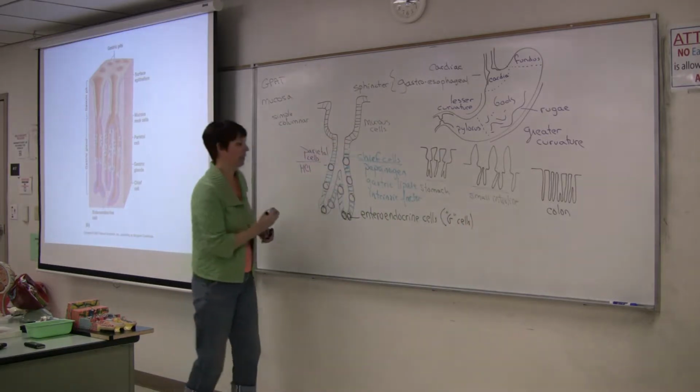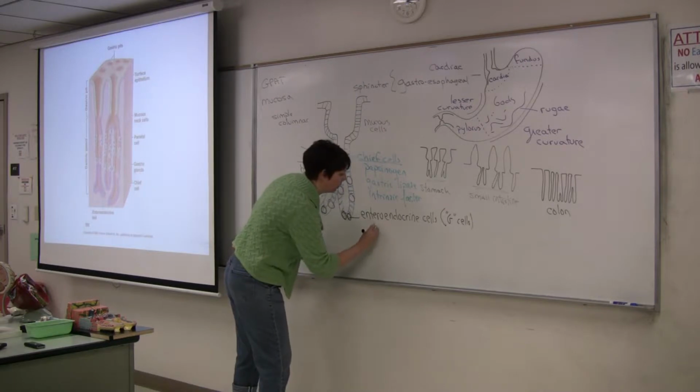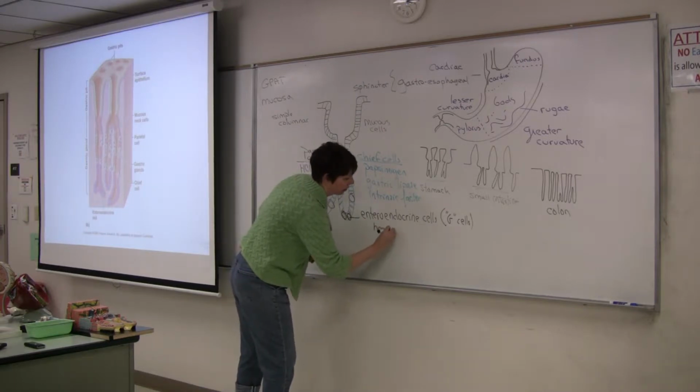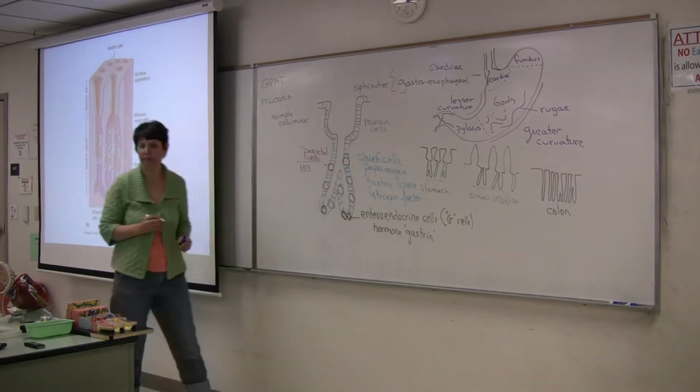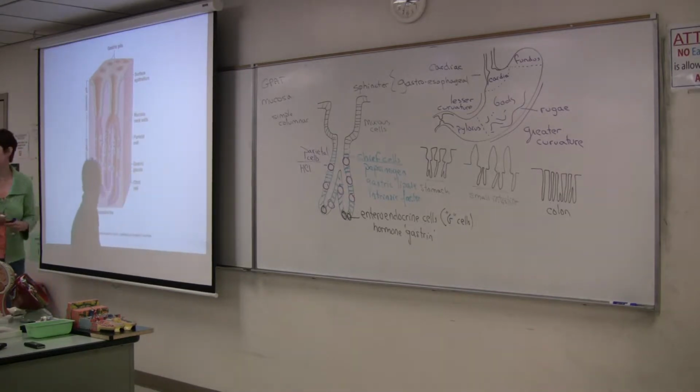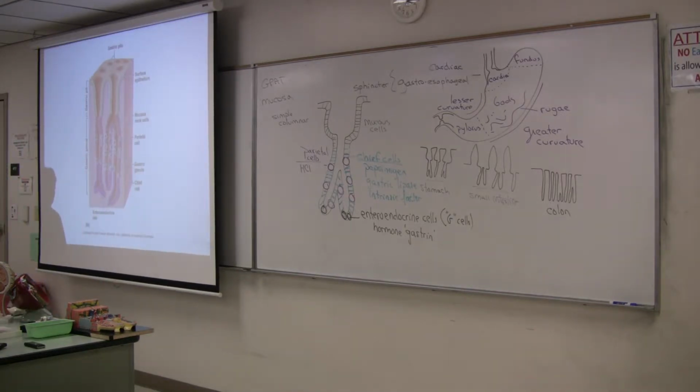It starts with a G. So these secrete the hormone gastrin. Which is interesting as a hormone, it works on itself. Okay, it's a hormone that changes the activity of the stomach.